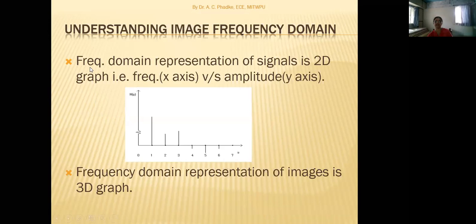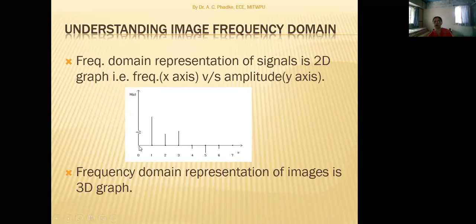Okay, so when we consider frequency domain representation of signals like electrical signals, for electrical signals, one of the axes is time, another axis is amplitude. And when we take its Fourier transform, we can transform this signal from time domain to frequency domain. And for the Fourier transform, you have one axis as frequency axis and another axis which represents the amplitude of these frequency coefficients.